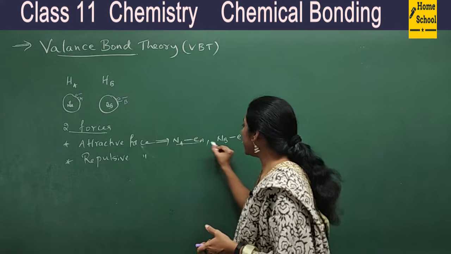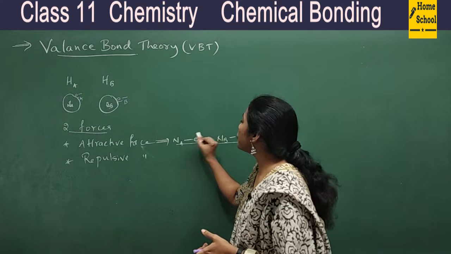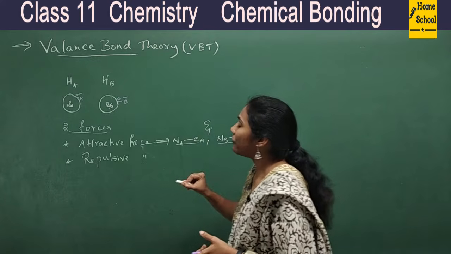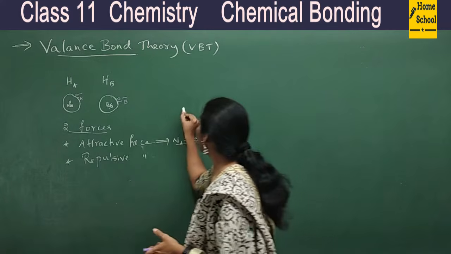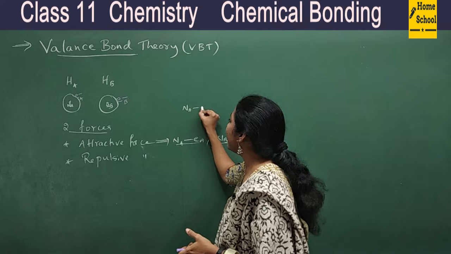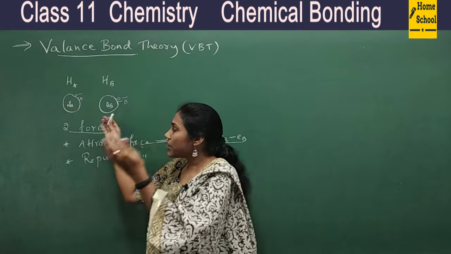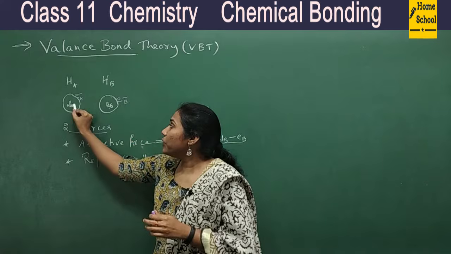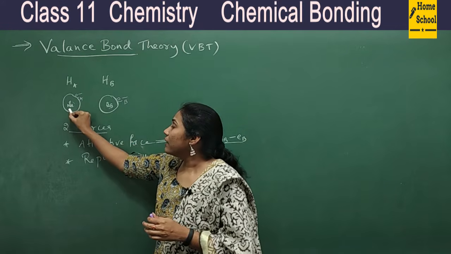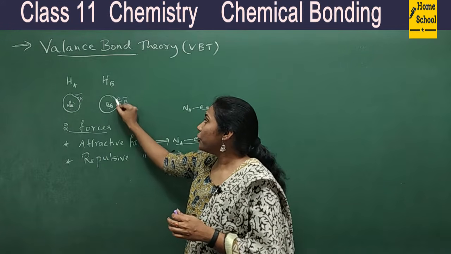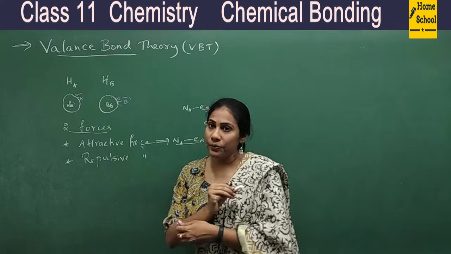And apart from these attractions, you also have attraction between the nucleus of A and the electron of B, right? So when they come closer to each other, the nucleus of this one gets attracted towards the electron of this one, right?